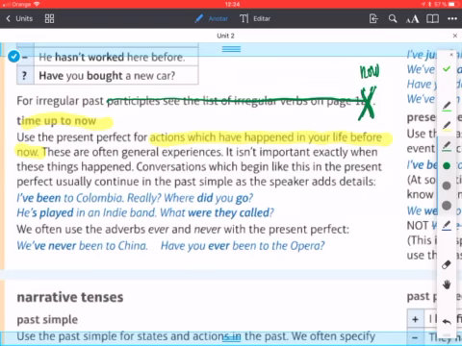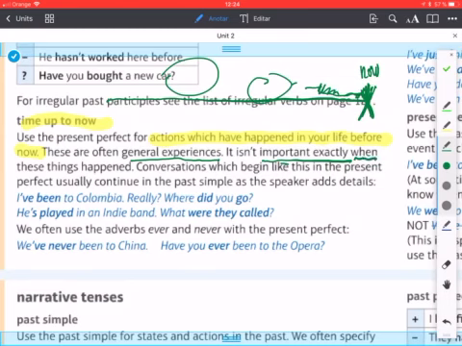So you talk about things that you have done here, that have not finished completely, that somehow continue up until the present. Okay? These are often general experiences and it's not important exactly when.